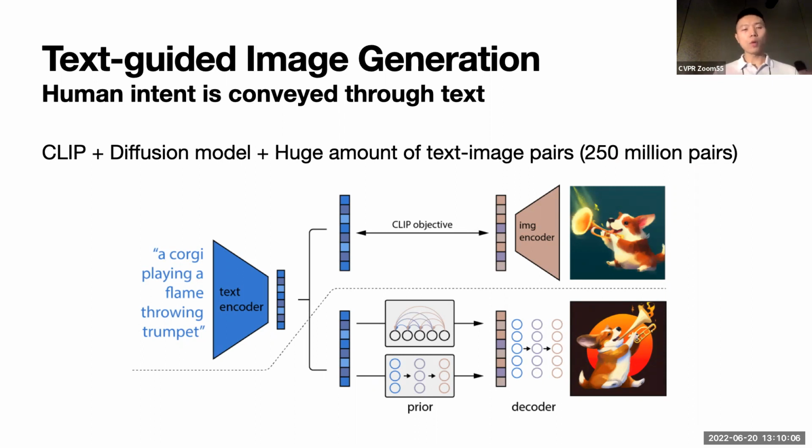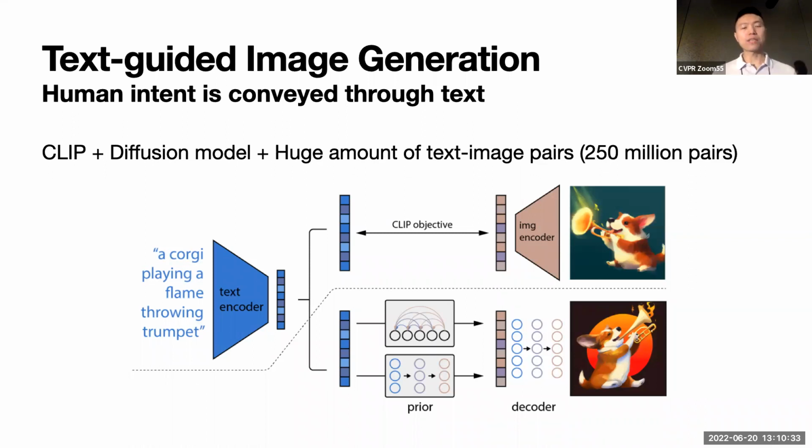The DALL-E 2 model is a combination of several large-scale AI models. It's a combination of CLIP and the diffusion model, as well as, most importantly, a huge amount of text-image pairs. It contains more than 250 million image-text pairs. After the training, people can input any sentence, then recreate the image.